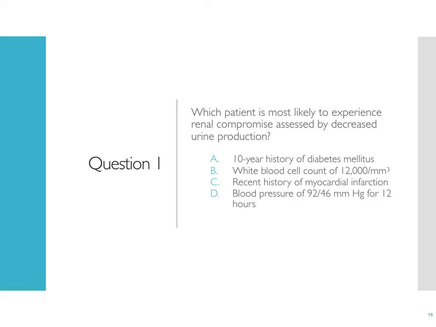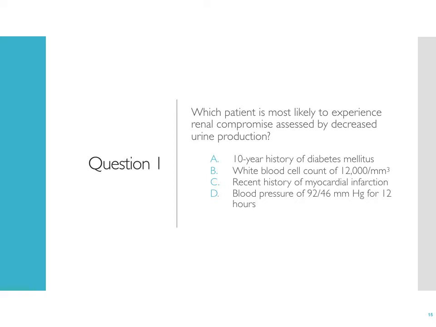So the way we have to think about this is what's going to cause decreased urine production. And if you've had a problem like a 10-year history of diabetes, this is not something that's suddenly going to change your urine production. It may over a long period of time, but most likely it's not going to be a sudden decrease.